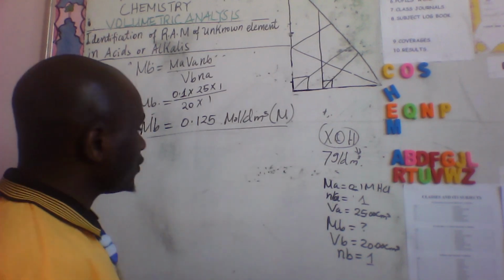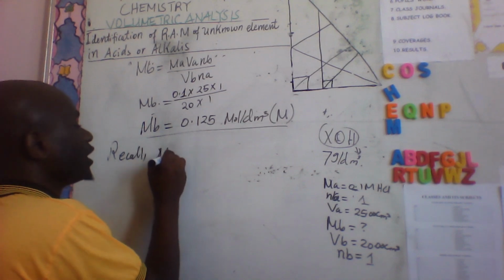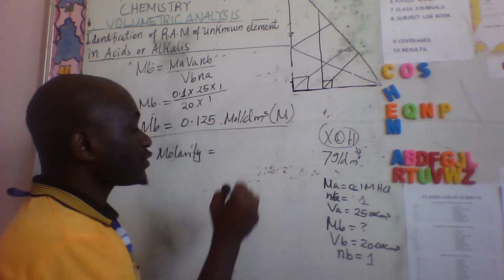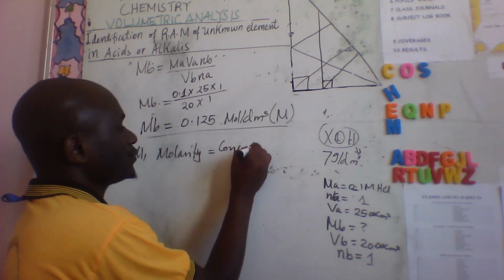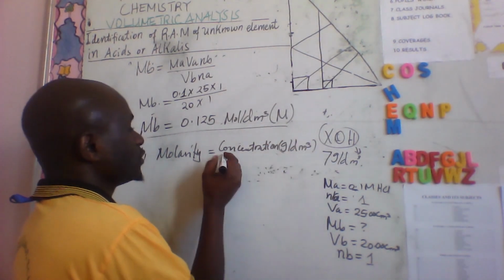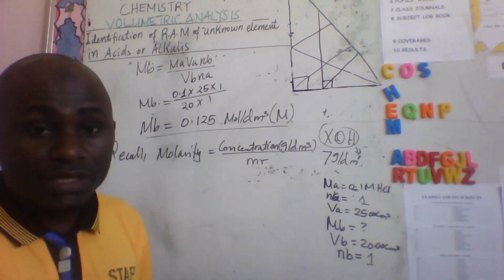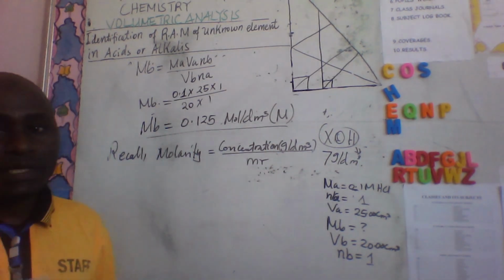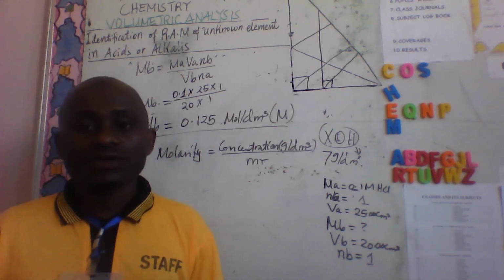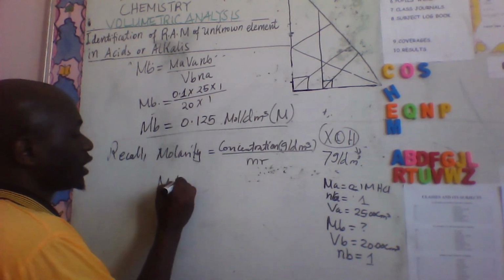Recall that molarity is equal to concentration in gram per decimeter cube over molar mass. Our intention here is to find the molar mass of the base in order to find the relative atomic mass of the unknown element.